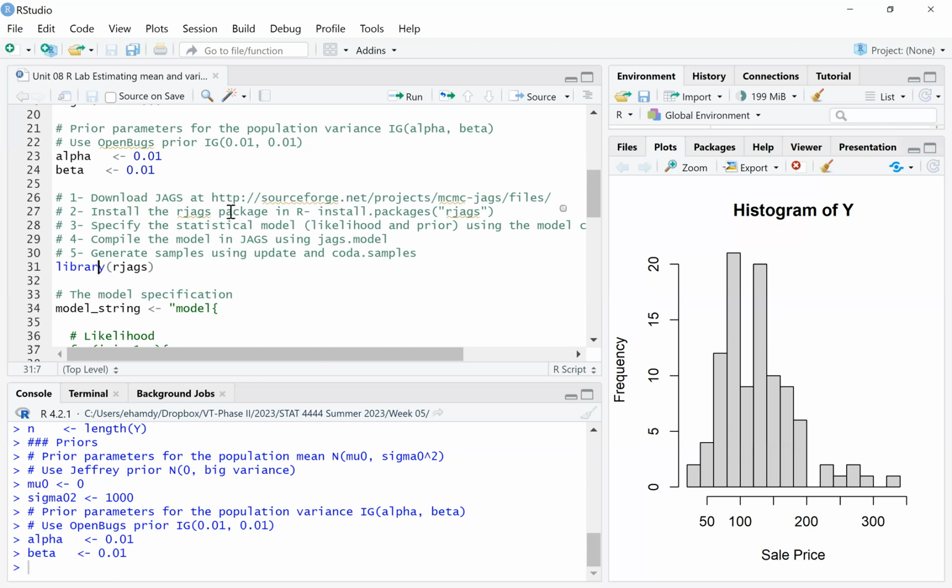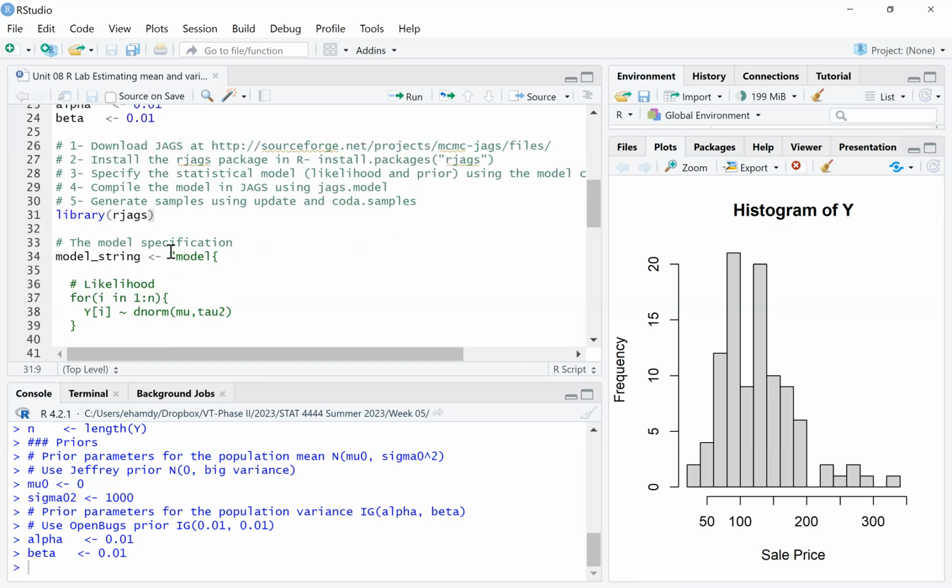So you need to specify only the statistical model as likelihood and prior, and the package will do the rest of the work. Then you compile the model and create random samples. So let's do it. Let's load the library.